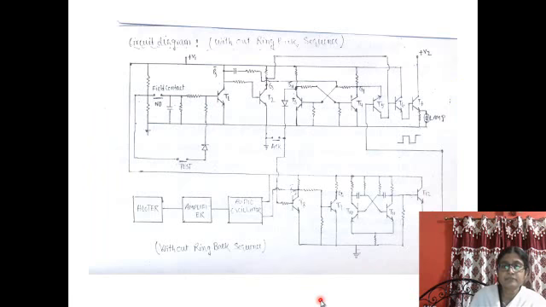This is electronic type, using transistor based circuit, and you can explain the operation using this diagram, that there are a number of transistors. These are the field contacts.